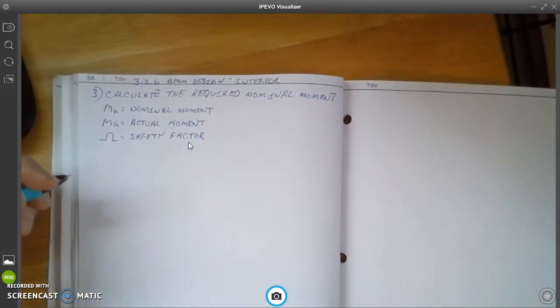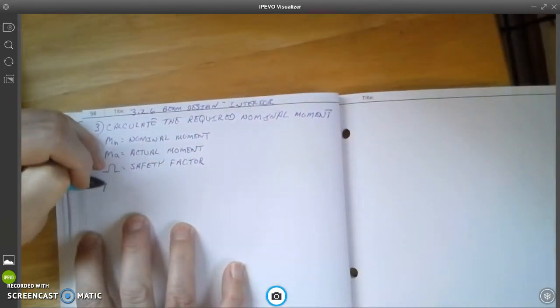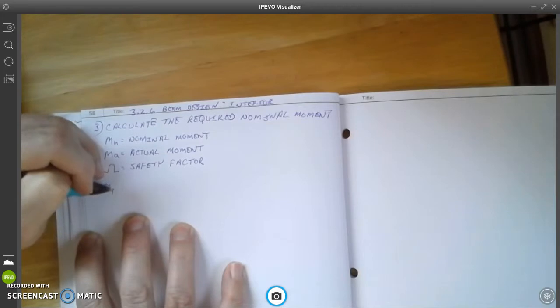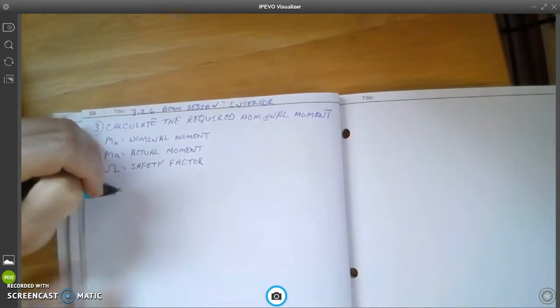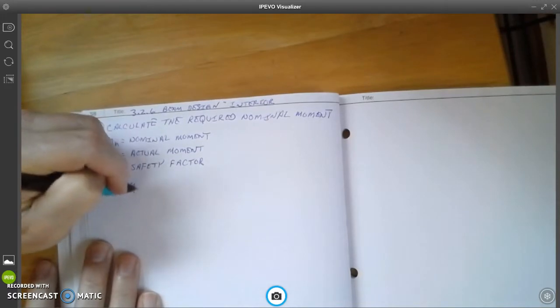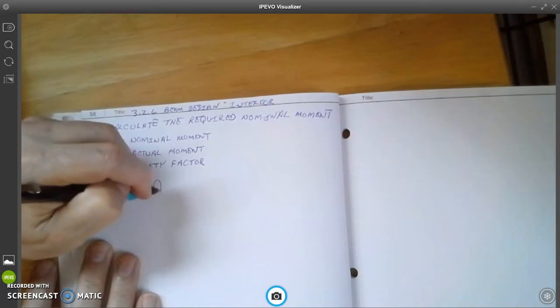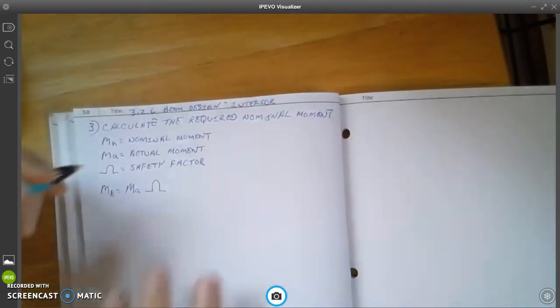and the formula that we're going to use here is going to be the nominal moment. So M sub n is going to be equal to the actual moment, A, times the safety factor.